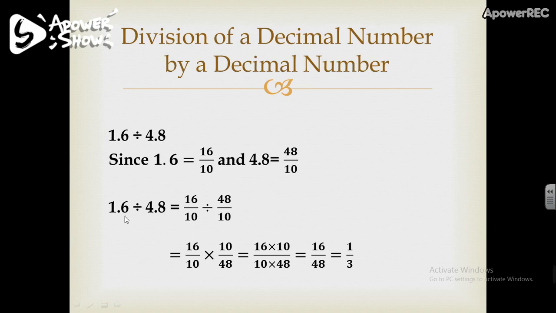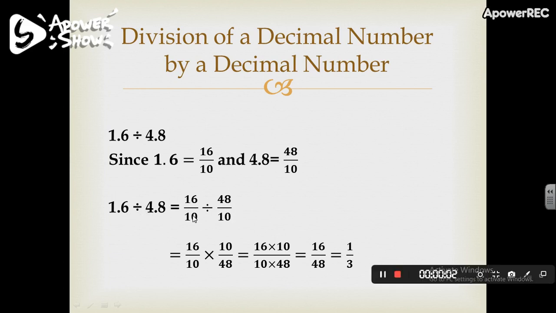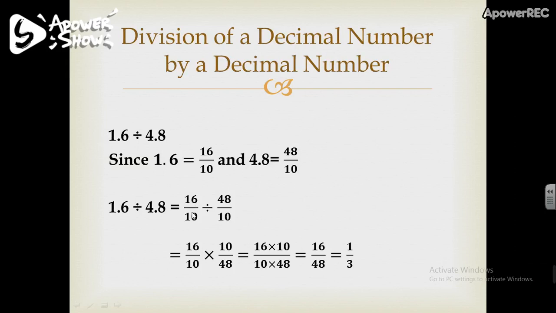Now 1.6 divided by 4.8 is equal to 16 by 10 divided by 48 by 10. So now this is a question of division of fractions. Here I am dividing 16 by 10 by 48 by 10, and it is equivalent to multiplying 16 by 10 by the reciprocal of 48 by 10.